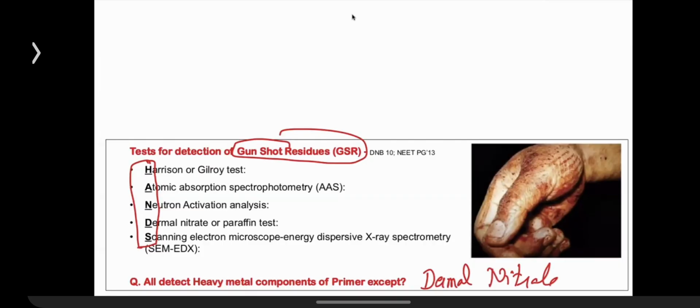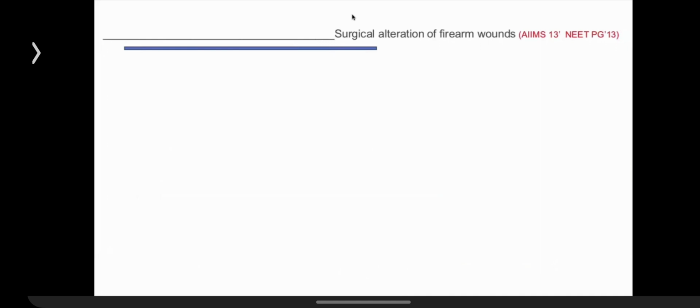Dermal nitrate test detects something else. It doesn't detect heavy metal. Surgical alteration of firearm wounds is called Kennedy phenomenon. The surgeon alters the firearm wound so that it becomes difficult to assess.